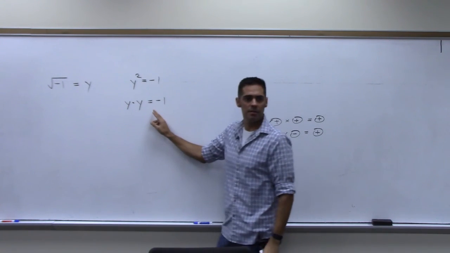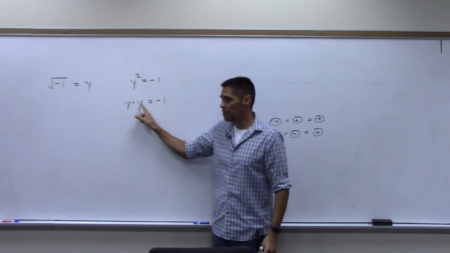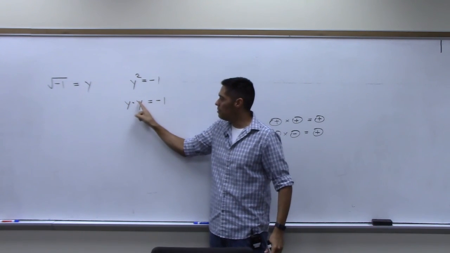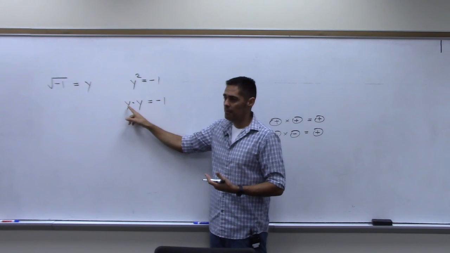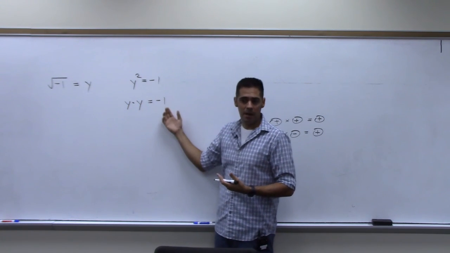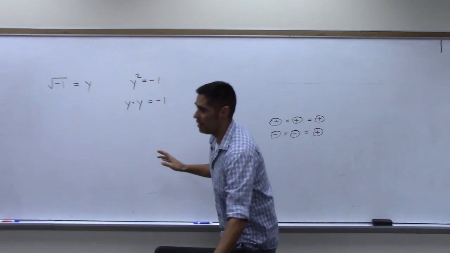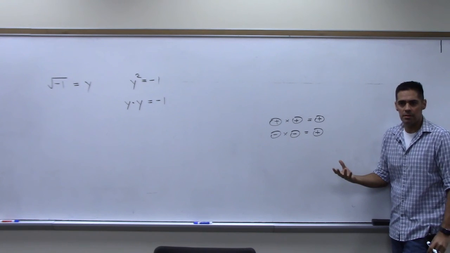That's what this says. Well, y is the same thing as y, right? So y could be positive or it could be negative. If y is positive, what's a positive times a positive? Positive, so it can't be negative, right? What if y is negative? A negative times a negative should be positive, right? We shouldn't be able to do this. Do you agree? You should not be able to multiply a number times itself and get a negative number out.